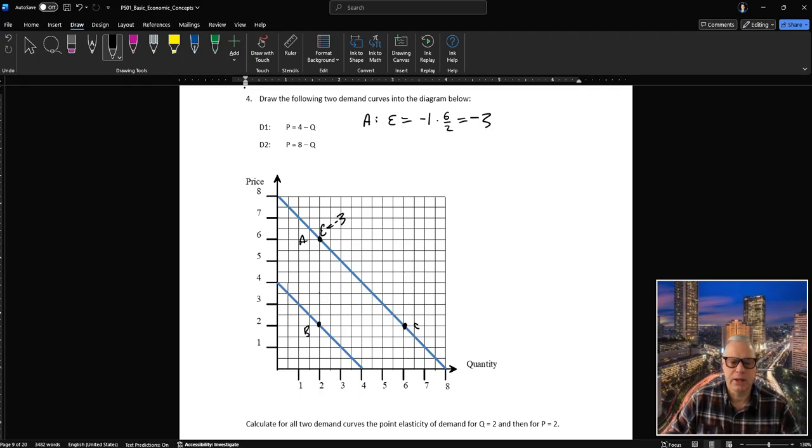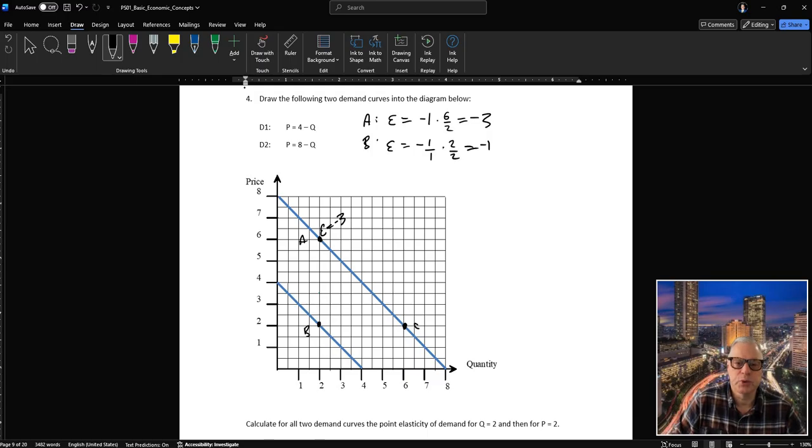Now at B, we already know this is in the middle of the linear demand function. So we know it should be negative 1, but let's just double check. 1 over negative 1, 1 over the slope. So we get negative 1 times 2 over 2, that's negative 1.